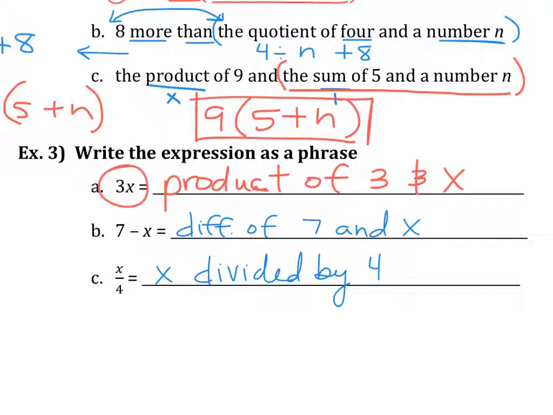Okay, so that, or you could say the quotient of x and 4. Okay, so either one is fine. I don't care which one you do. I just care that the one you do is correct. Okay, are there any questions on that?